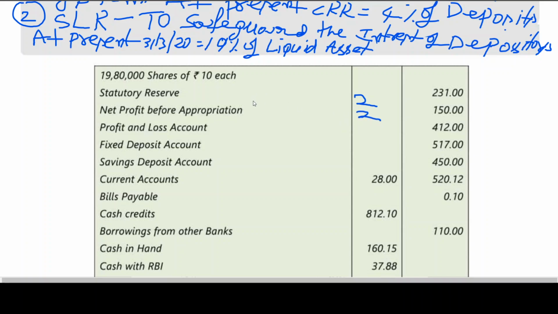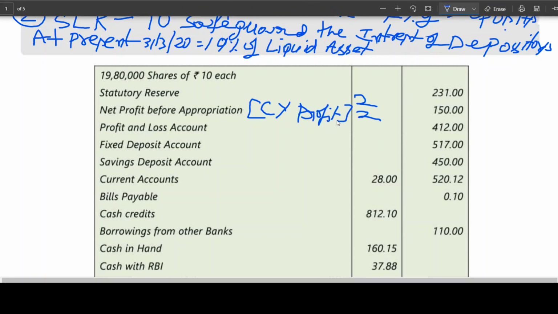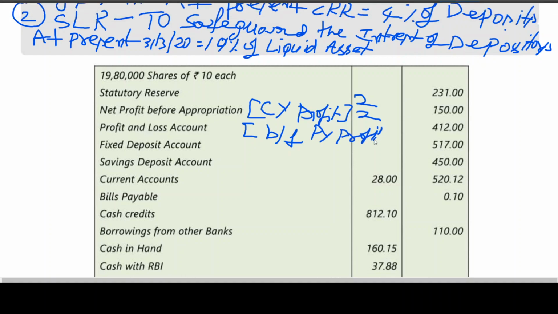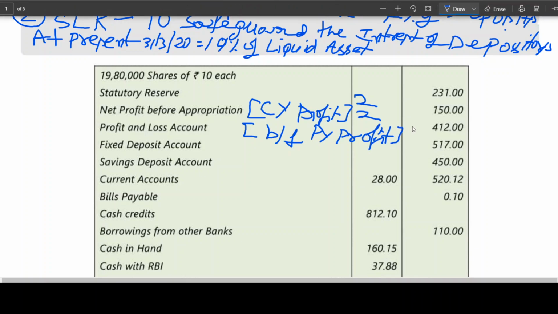Net profit before appropriation is nothing but current year profit, P&L account. Brought forward, that is previous year profit, it also will be taken. It is also taken to Schedule 2.